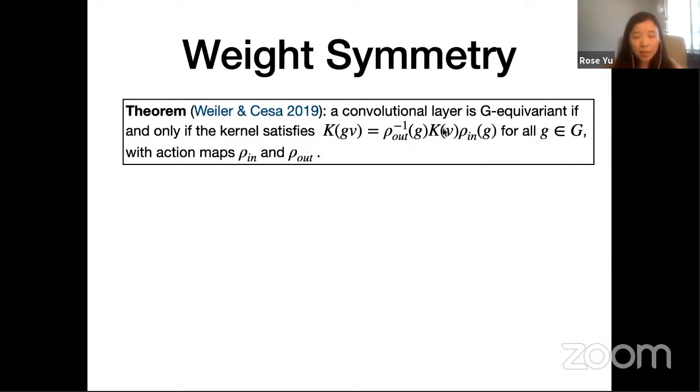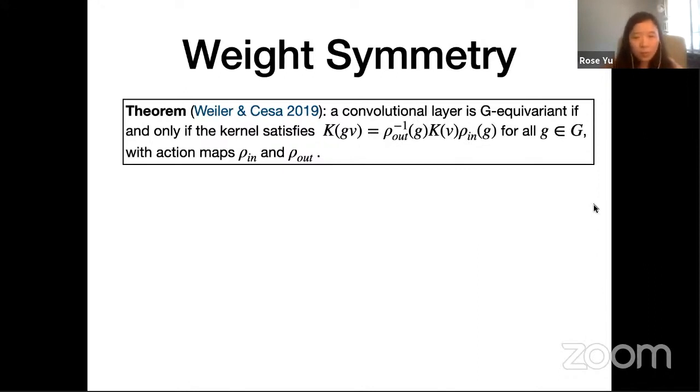The simplest example we know is the convolutional neural network, and that's just a special case of this theorem, right? Because convolutional neural networks satisfy translational invariance, and it automatically satisfies this condition under translation symmetry.